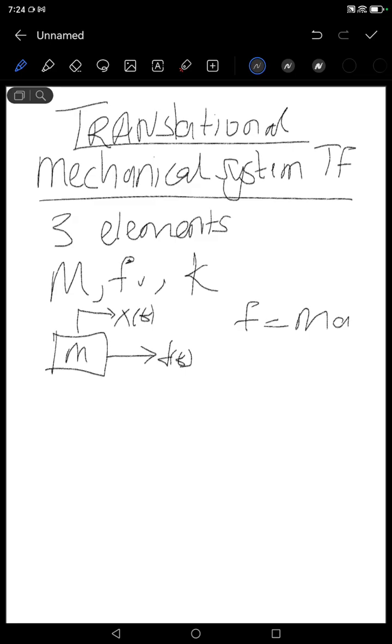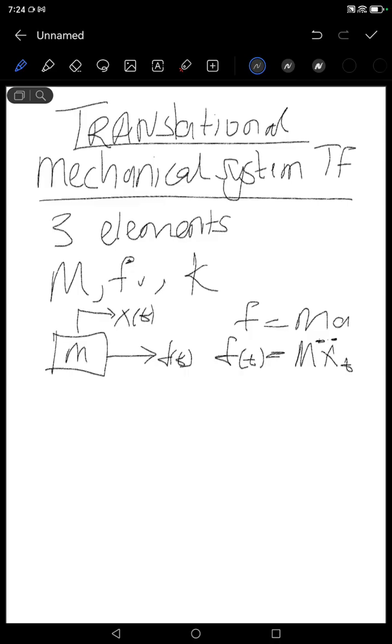So here our equation is going to be f of t equals m x double dot t. We are writing our acceleration in terms of x like this. This is what we call the linear differential equation.